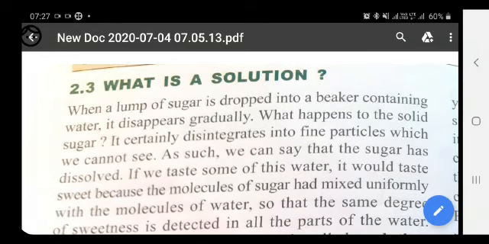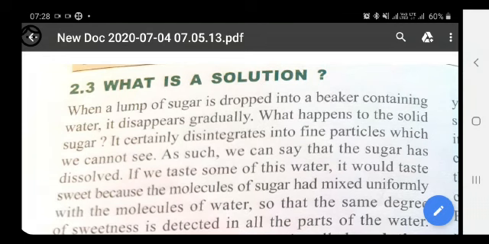Whenever we put some amount of sugar into water, we find that the sugar starts dissolving into the water and after some time the particles of sugar disappear. Why do they disappear? Actually they dissolve and break into very small or very fine particles and get mixed with the particles or molecules of water, and they mix with each other uniformly, which is called a solution.